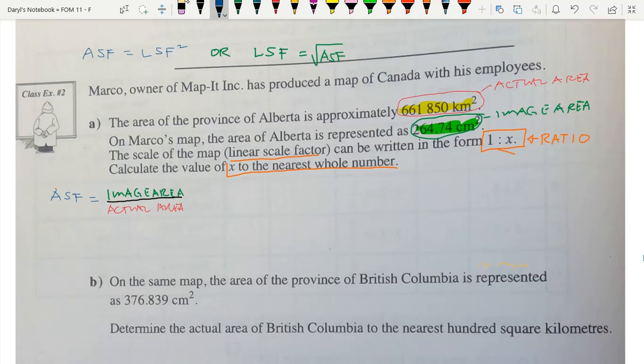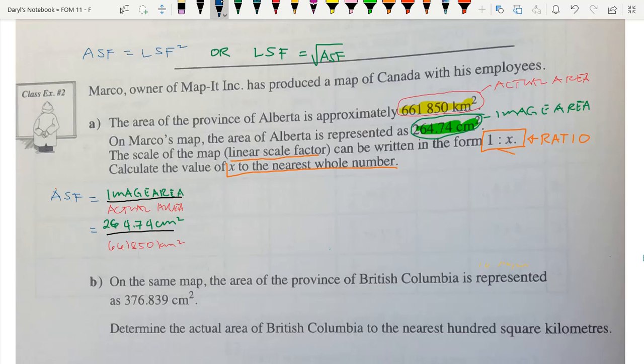So if I'm going to substitute the values, this will give me 264.74 cm squared all over the actual area, which is 661,850 kilometer squared.